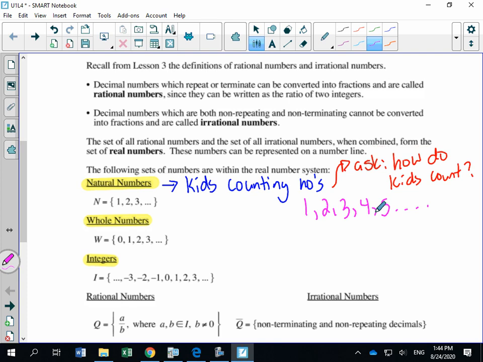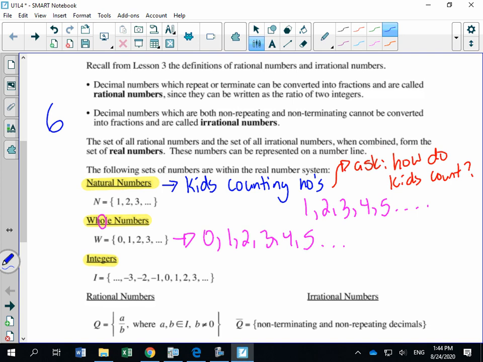It starts at 1. Whole numbers, circle the 0 in whole. Whole numbers start at 0. 0, 1, 2, 3, 4, 5, and it goes on and on and on. So, for example, if I gave you the number 6, and I said, well, what is 6?